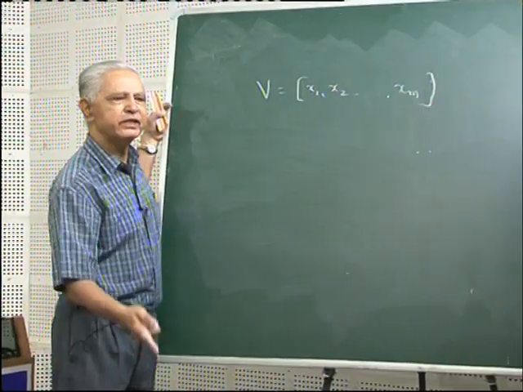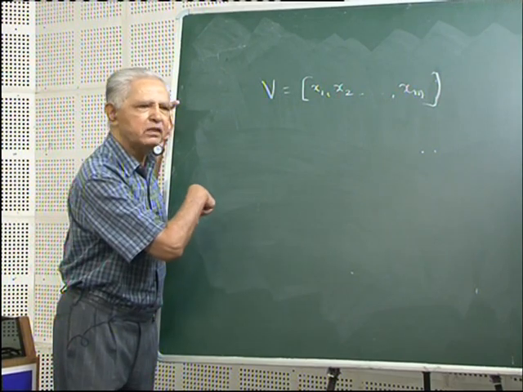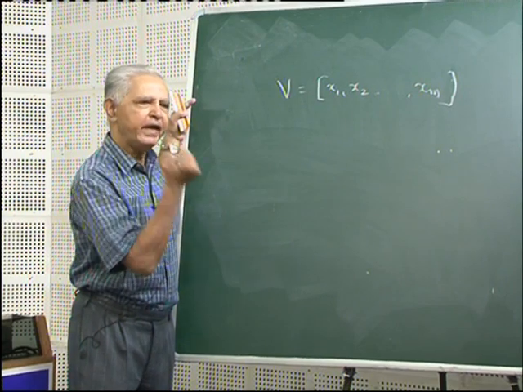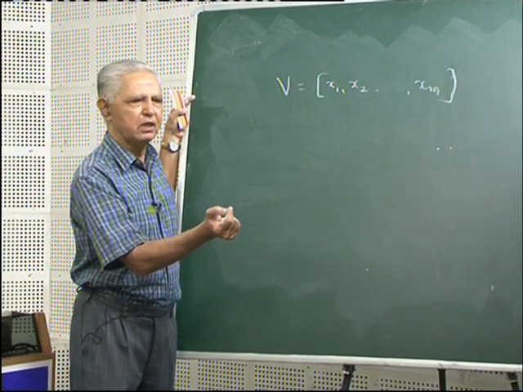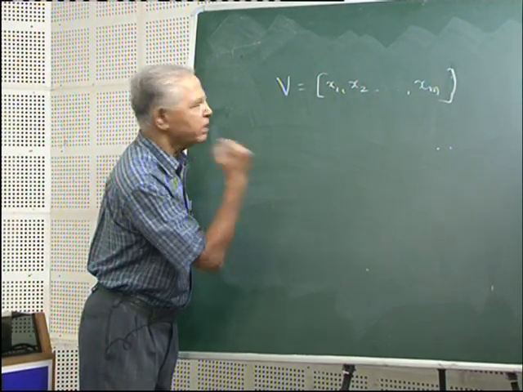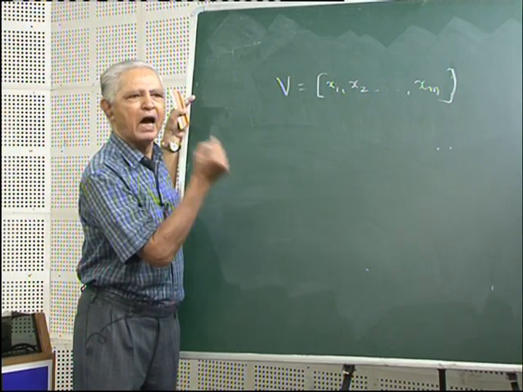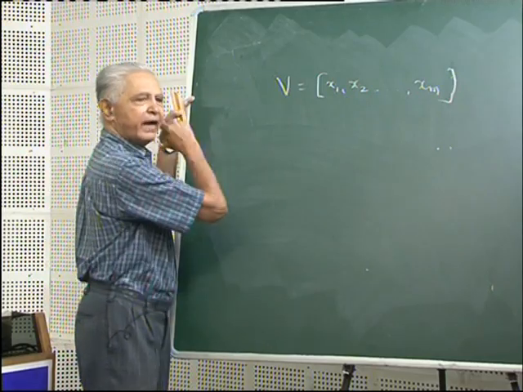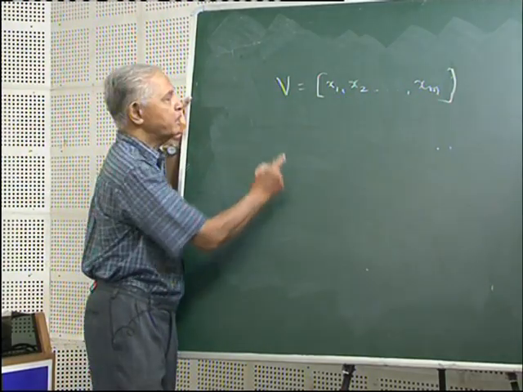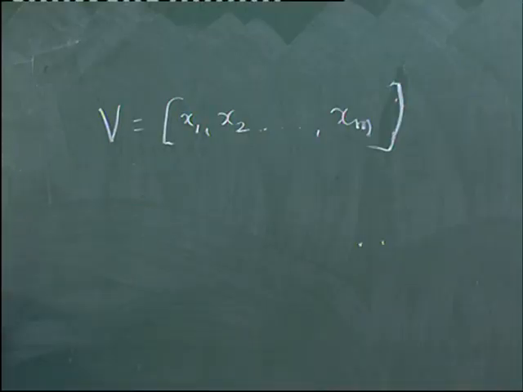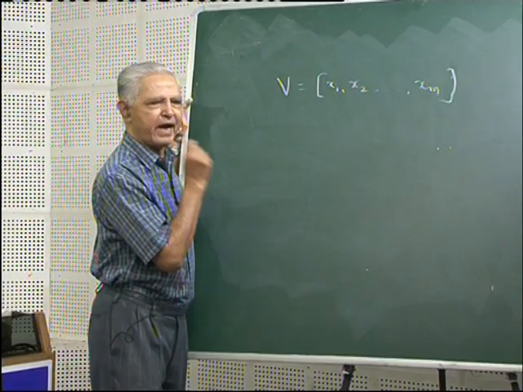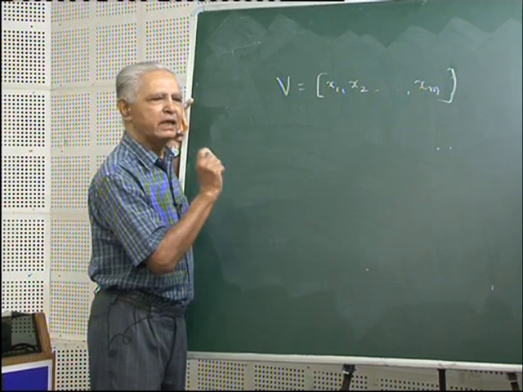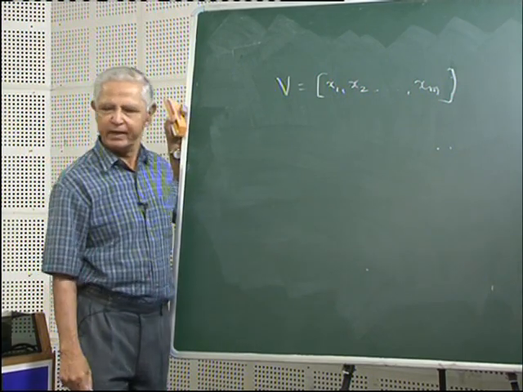And since k is greater than m, by the previous theorem, any set containing more than m vectors is linearly dependent. In fact, what we can derive is this also: if a basis contains m vectors, then any set containing m plus 1 vectors is also linearly dependent.